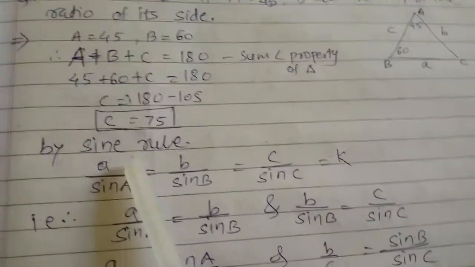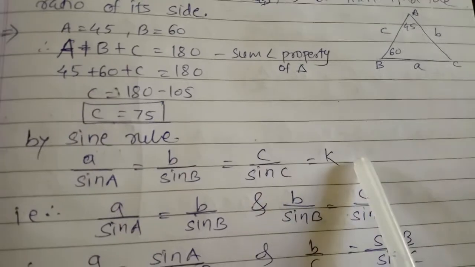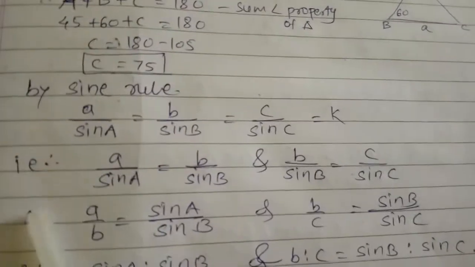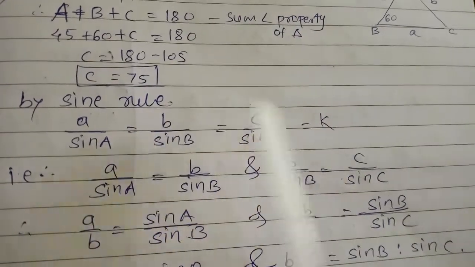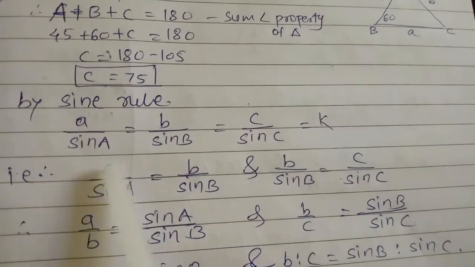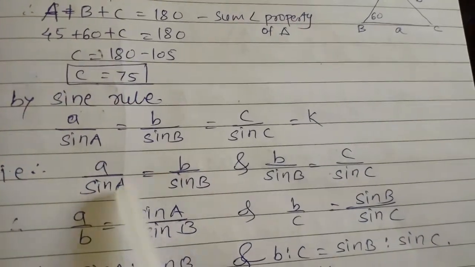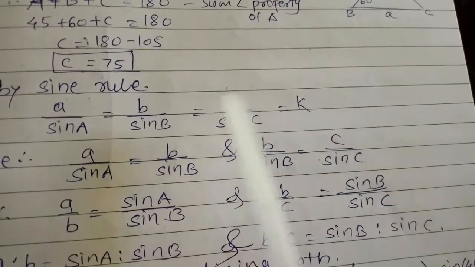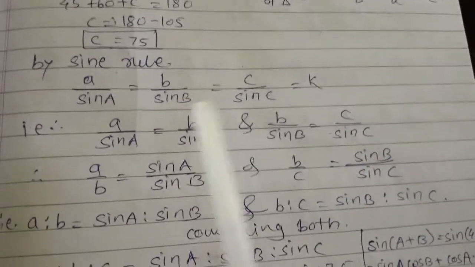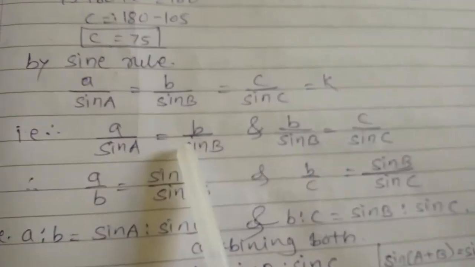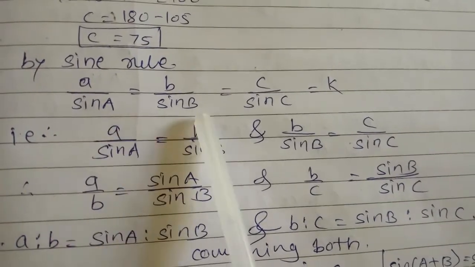You know the sine rule: a upon sin A is equal to b upon sin B is equal to c upon sin C is equal to k. We write two ratios together, and then the other two ratios together. a upon sin A is equal to b upon sin B. Similarly, b upon sin B is equal to c upon sin C. Now we take the ratio of a and b.